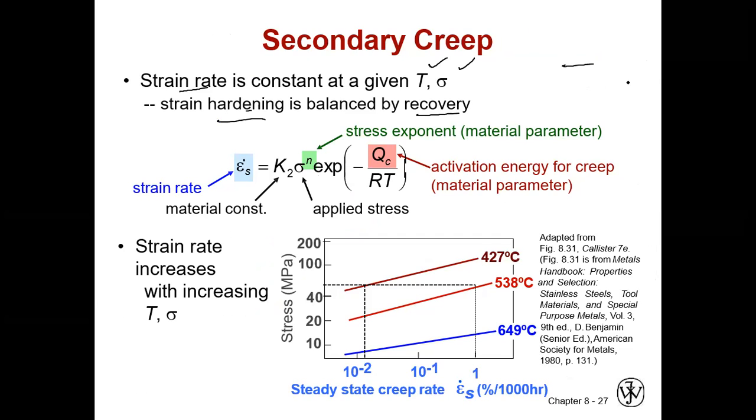So this is the material, and there is some yielding occurring, and this yielding is balanced by the recovery. If this is elastically deformed, it means that it is regaining its original shape, right?